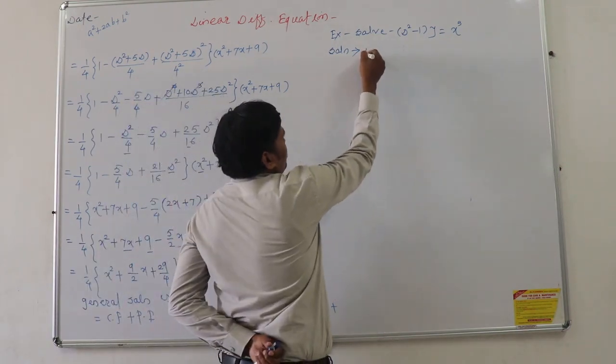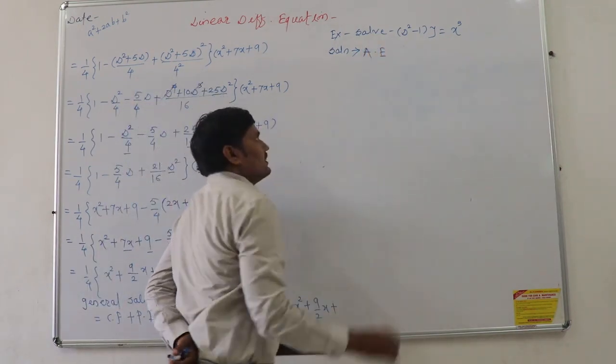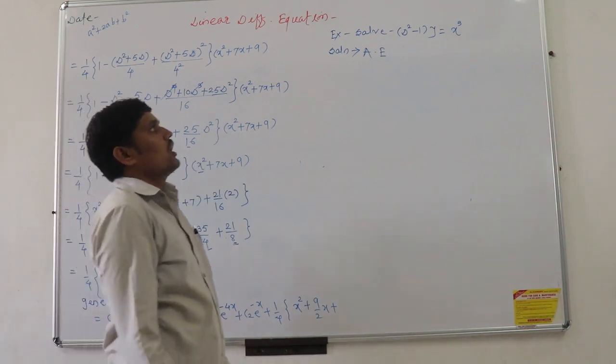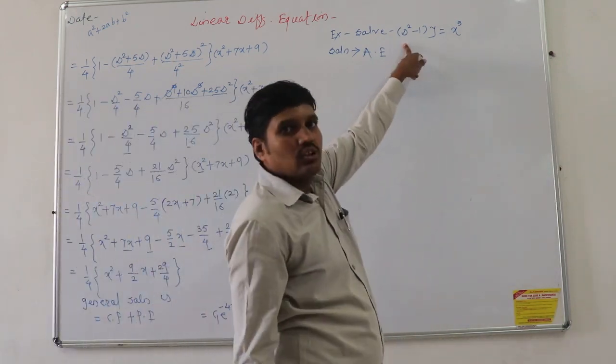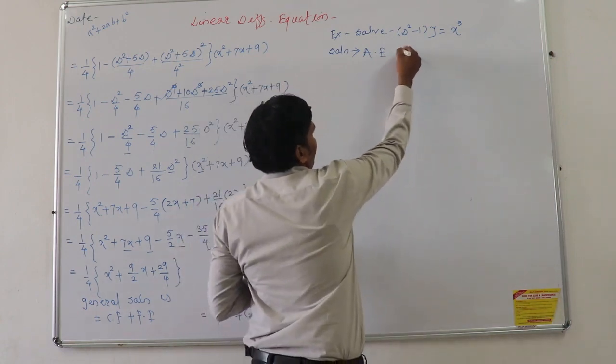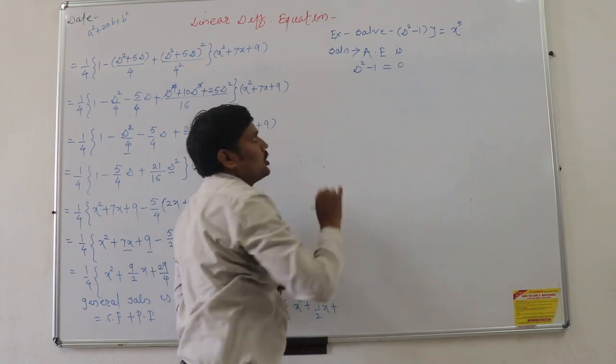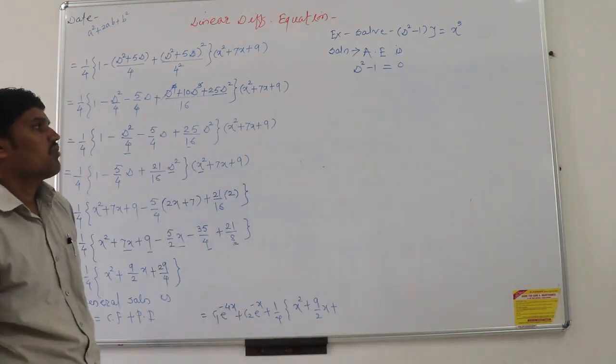So first of all find the complementary function, and to find the complementary function write an auxiliary equation. The equation is in terms of capital D, so directly write the auxiliary equation as D square minus 1 equals 0. Find the factors.